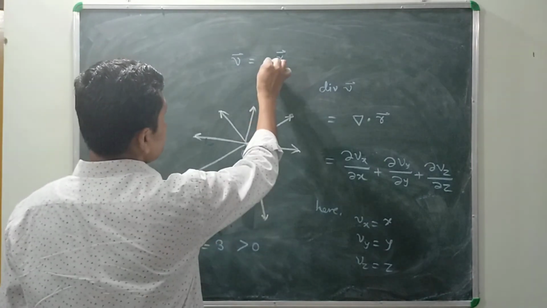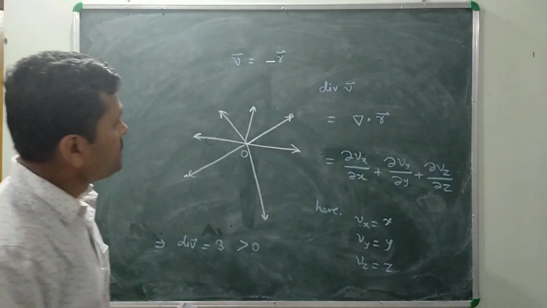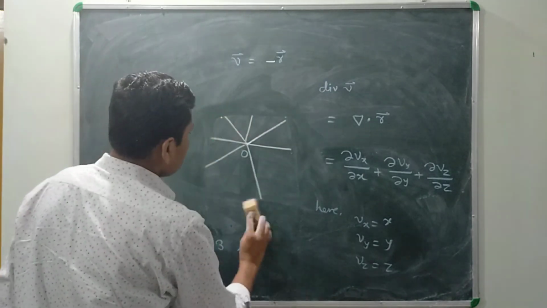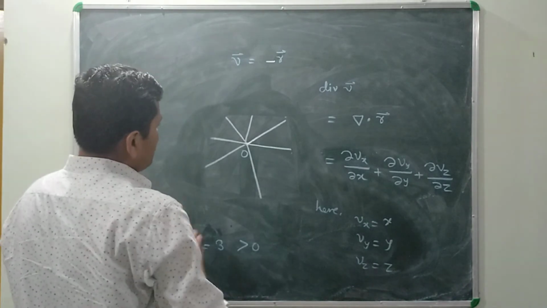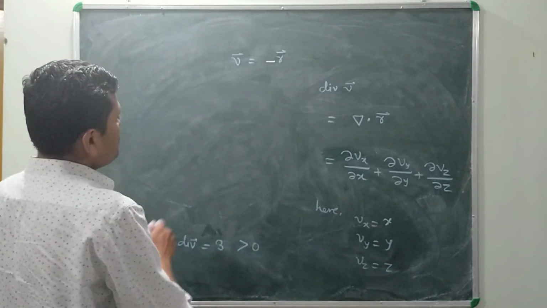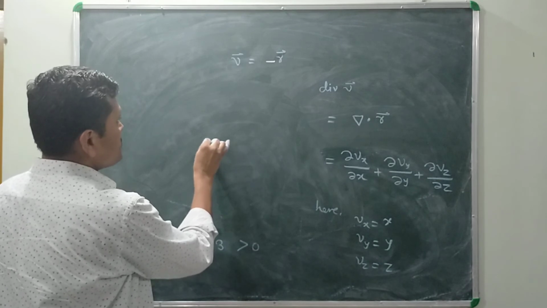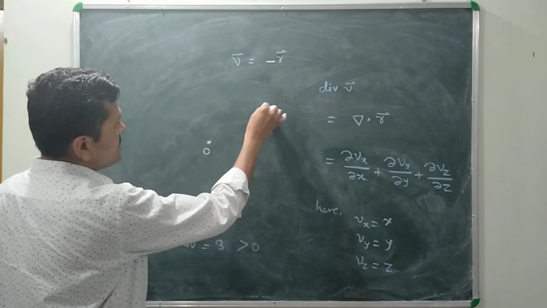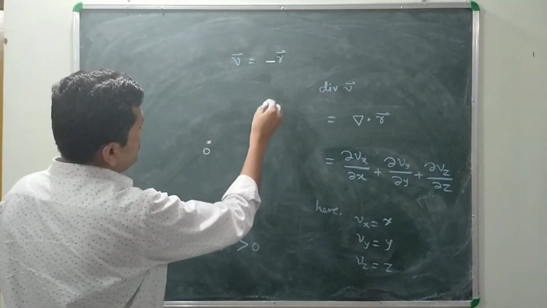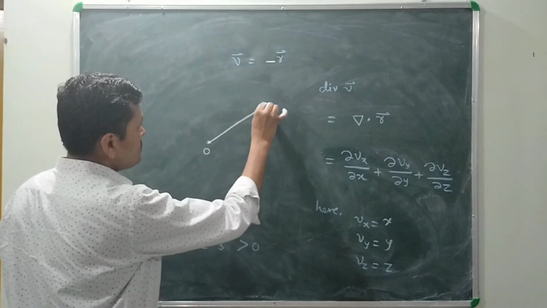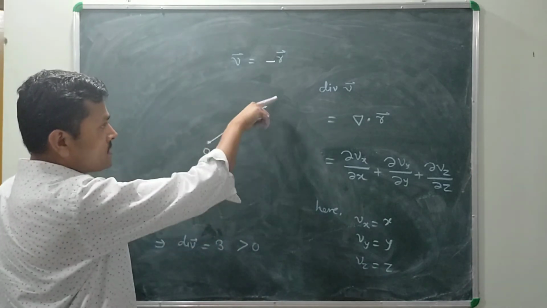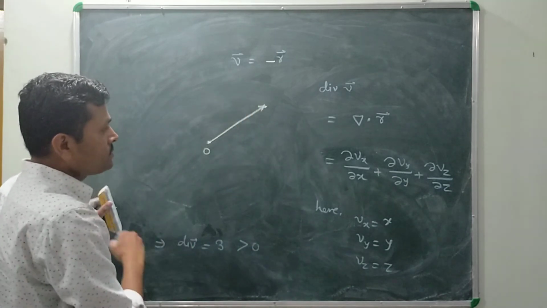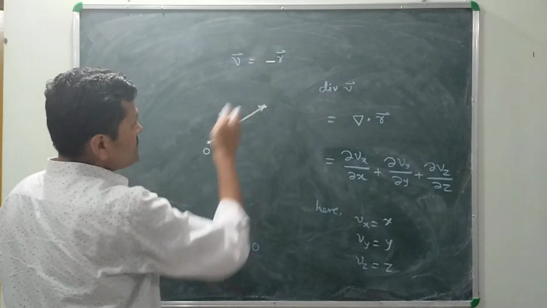Now consider another example. If this V is minus vector r, what should be the picture representation of this type of vector field? Suppose this is the origin, and here we are considering some point P. Then the position vector r will be like this, directed from the origin to the point under consideration. But here there is a negative sign.